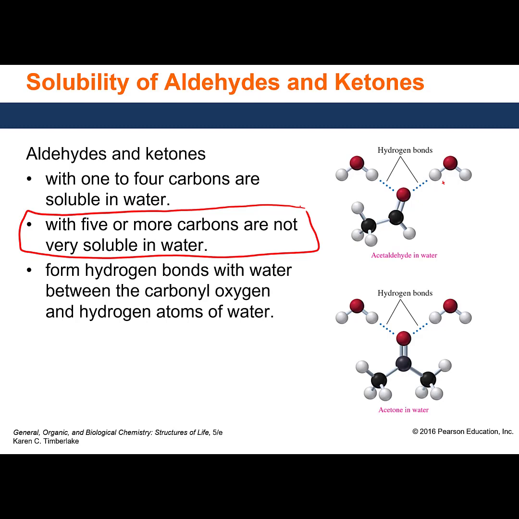So the hydrophobic portion of the molecule between those carbons and hydrogens, that nonpolar region, would outweigh the ability for a hydrogen bond to form in that one carbonyl spot. So if it's 5 or more carbons in your backbone chain, typically now is not as soluble. But these really small, 1 to 3, maybe 4 carbon aldehydes or ketones, those ones can dissolve in water.